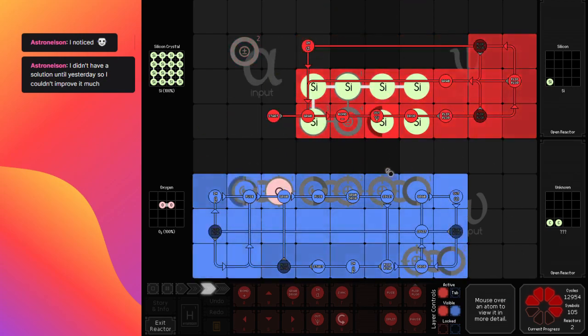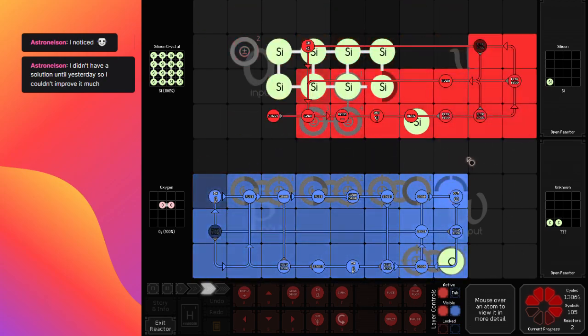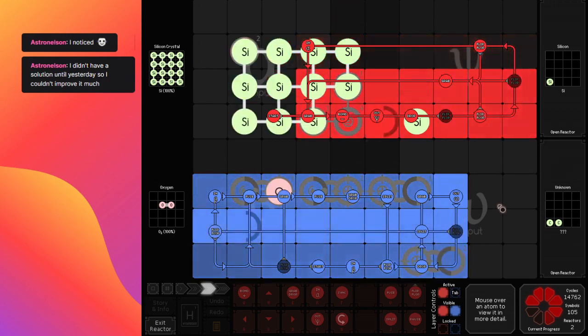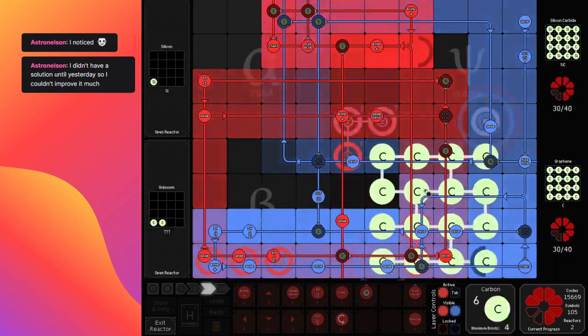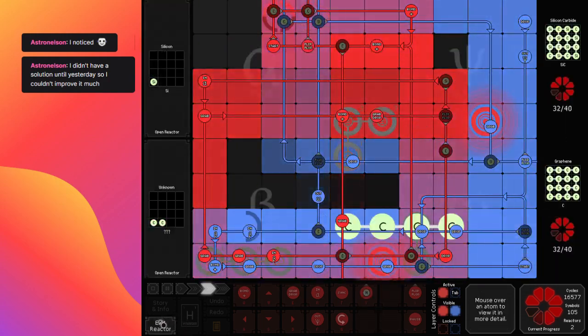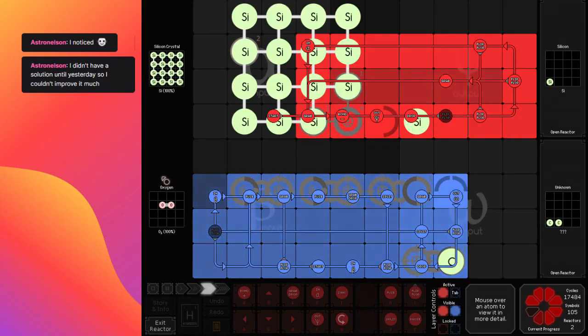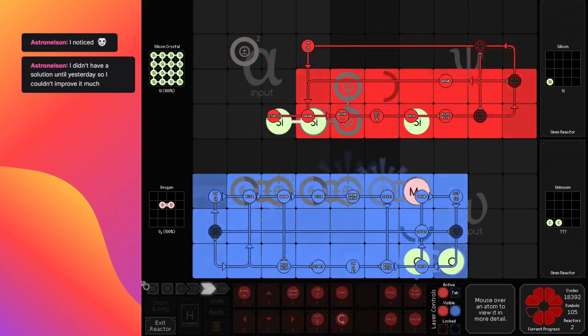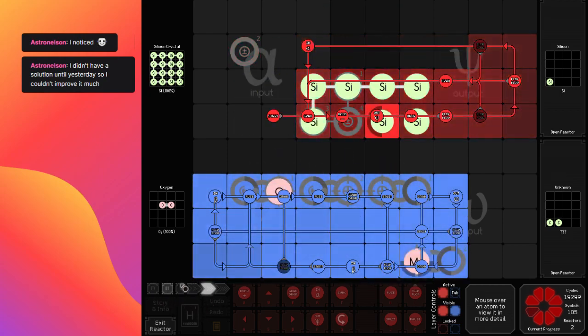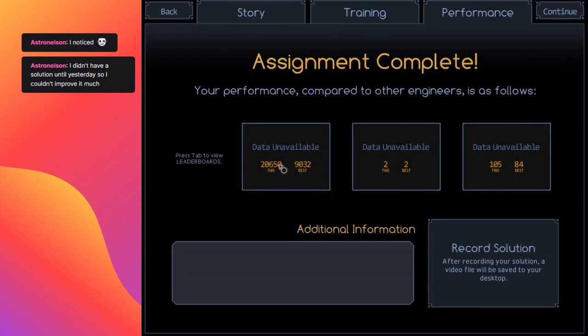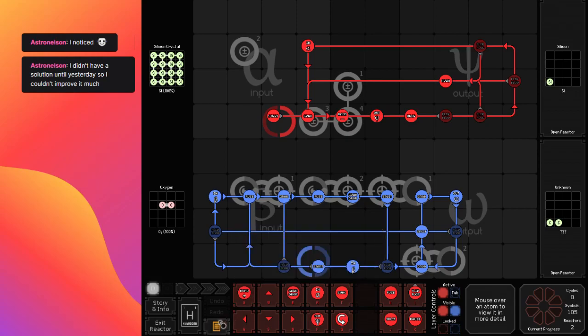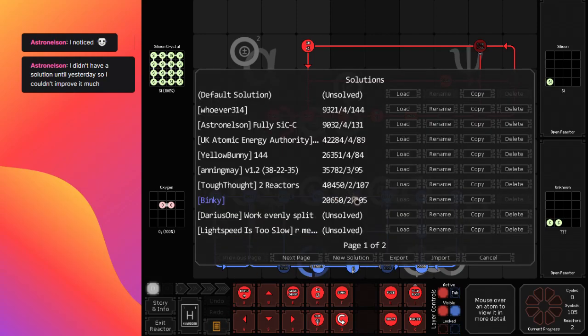Now this reactor is a little bit symbol heavy for what it is, which is why even though this assembly reactor is less complicated than Tough Thought's, it's still roughly the same symbol count, unfortunately. So this comes in at a little bit over 20,000 cycles, which is roughly twice as fast. 105 symbols for a score of 125.